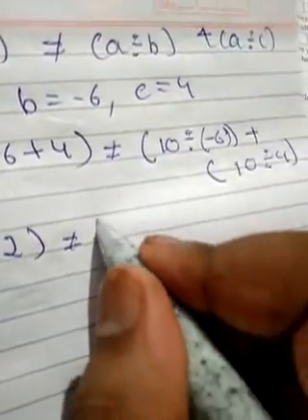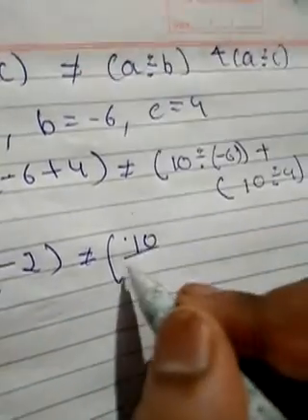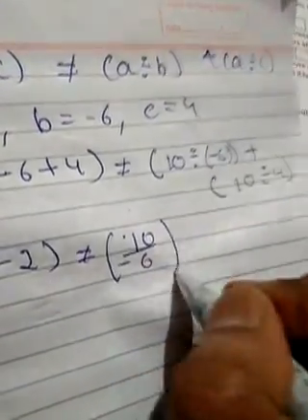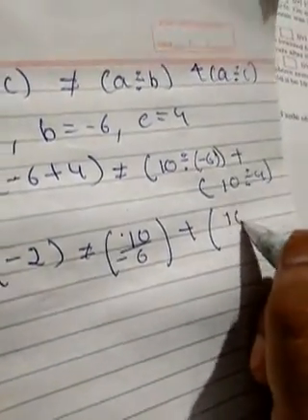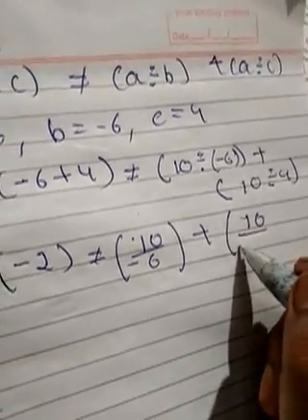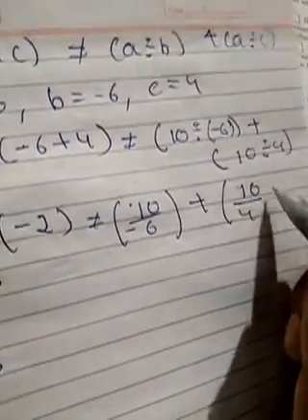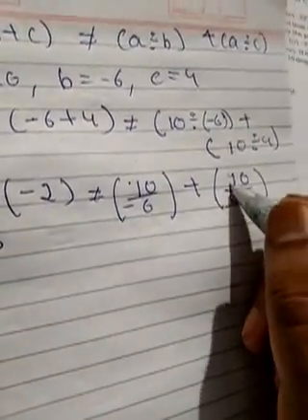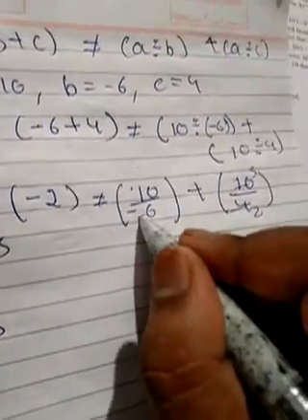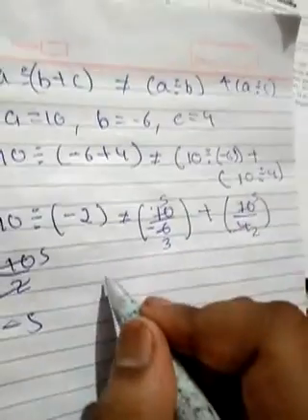Now we will solve this. It means 10 divided by minus 6 plus 10 divided by c, c is 4. Now you solve. 2 2s are 4, 2 5s is 10, 2 3s are 6, 2 5s is 10.